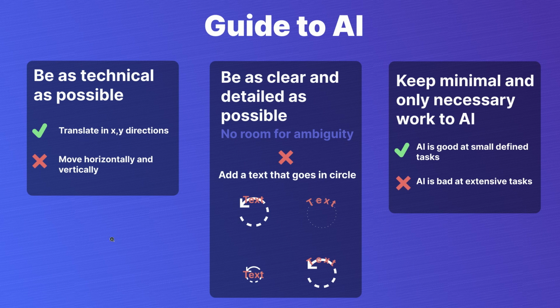So it's easy for the AI to convert your prompt into the code if you are already sounding technical. Second, be as clear and as detailed as possible. So there should be no room for ambiguity. Like a simple thing like add a text that goes in a circle can mean 4 different things for it.